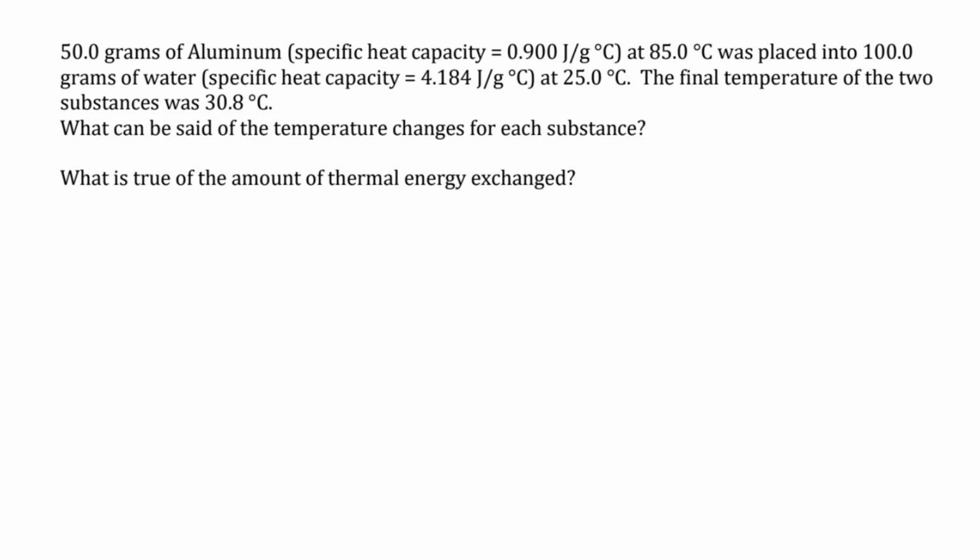The initial temperature of the water is 25 degrees Celsius, and the final temperature is 30.8 degrees Celsius. So the final thing to take away from all this information is that the temperature change, delta T of aluminum, is greater than the temperature change of the water.